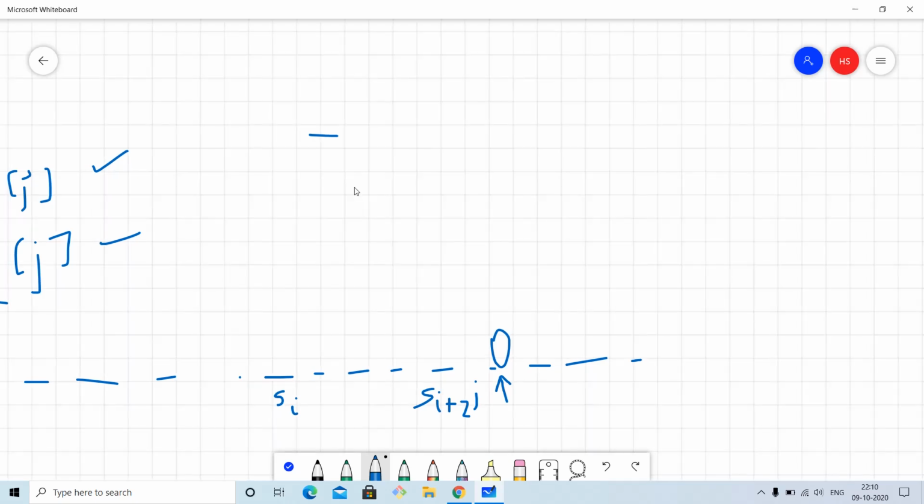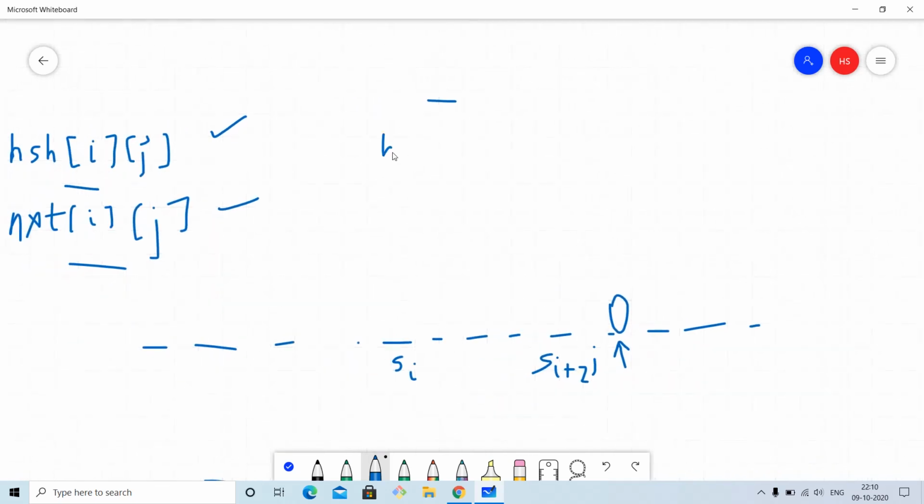So when we have to compute hash(i, 0), which is the hash of the string starting from index i for length 2 to the power 0, which is 1, it will be simply the value of this character, ai. So hash of i comma 0 will be ai, and so we have calculated the hash of a one length string.